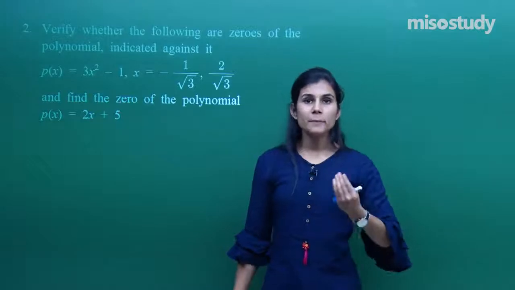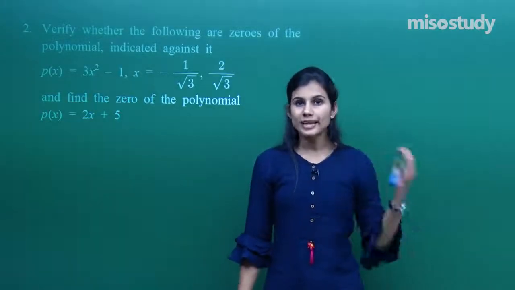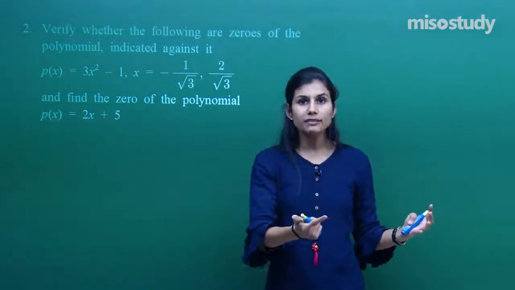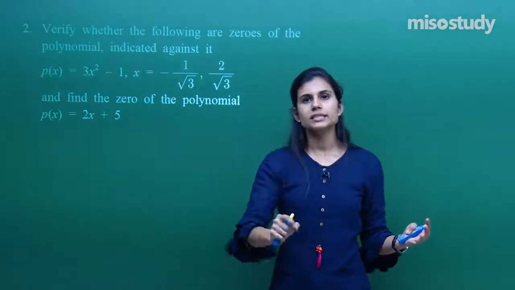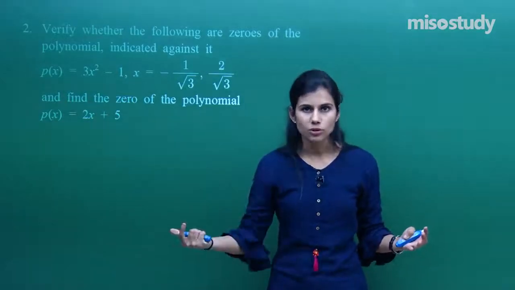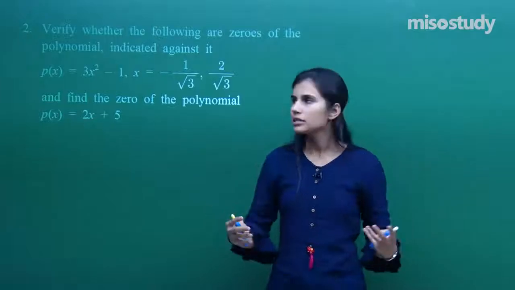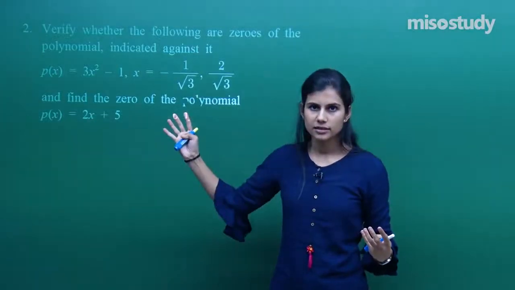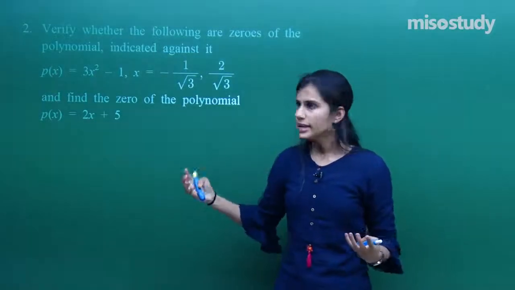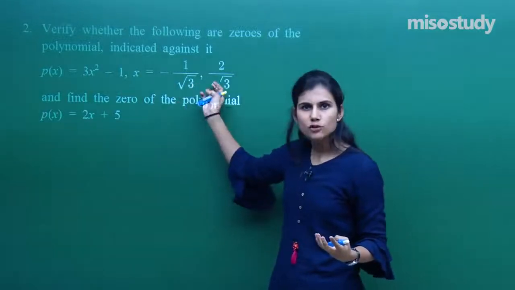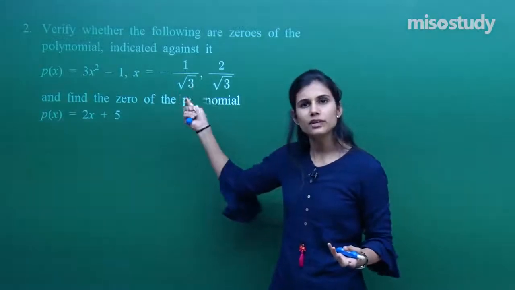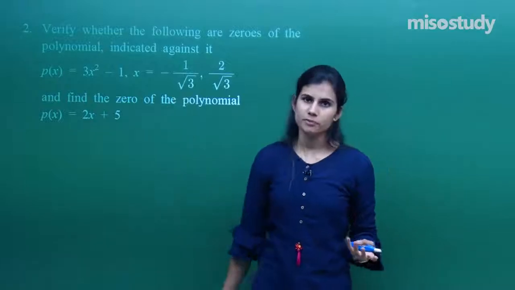Zeros of a polynomial p(x) are those values of x which when you plug in the expression of p(x), the p(x) expression becomes equal to 0. That means p(x) vanishes for these values of x. Okay, that is the question asking. If my p(x) vanishes for these values of x or any one of these values of x, that value is going to be said to be the 0 of p(x).